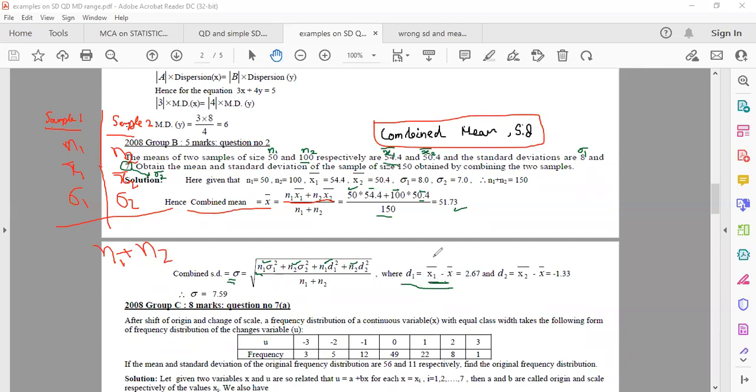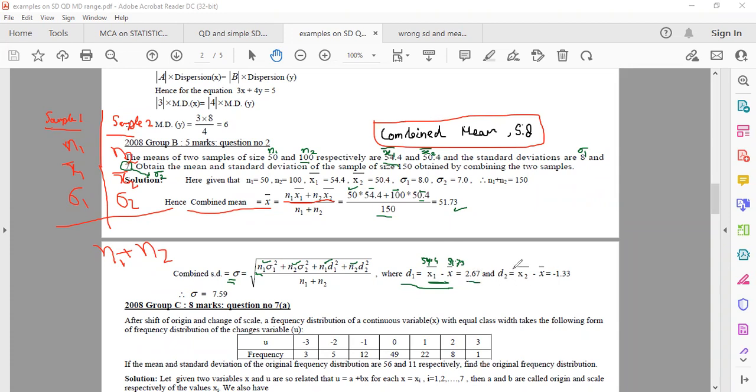The x1 bar value is 54.4 and the x bar value is 51.73. If you subtract, 54.4 minus 51.73, you get 2.67.